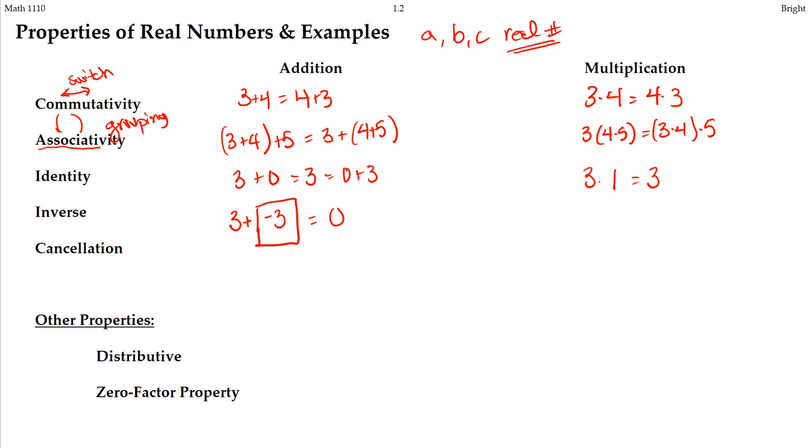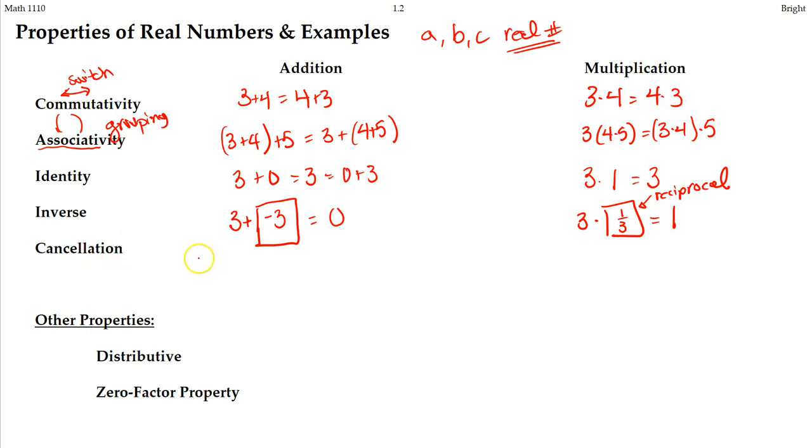So whenever we have a number, we add its opposite to get to the additive identity. Under the operation of multiplication, we ask a similar question. 3 times what will give us the multiplicative identity of 1? Well, that's going to be the reciprocal. Just so we see that word, reciprocal. And that's going to be true for anything in general.